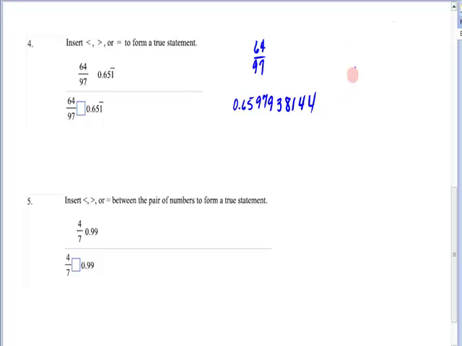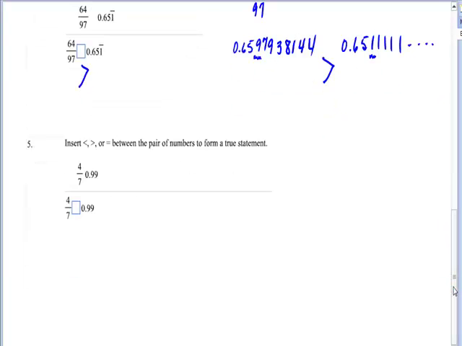I'm comparing it to 0.651, and the 1 is repeating, so it's as many ones as I want to write. So in the tenths, they're the same. In the hundredths, they're the same. I see a difference when I get to the thousandths place. And because 9 is bigger than 1, it will be a greater than, and I will use a greater than symbol.